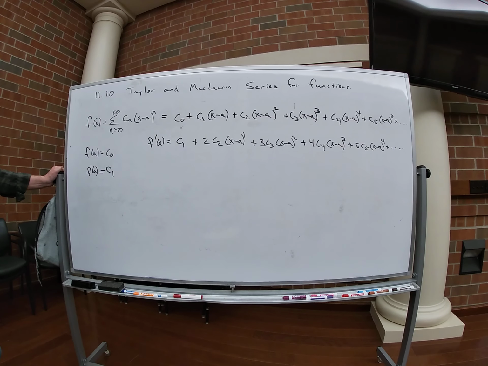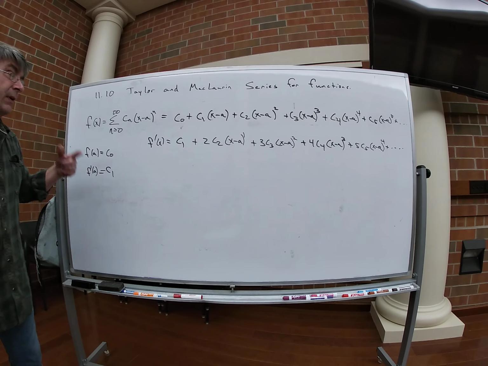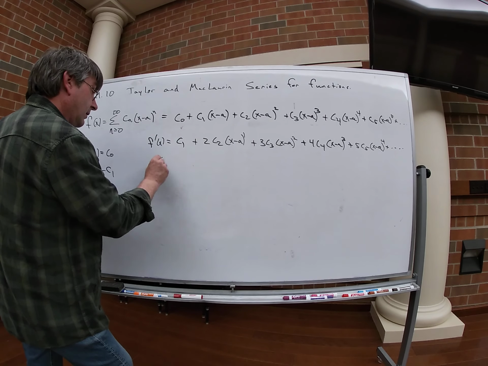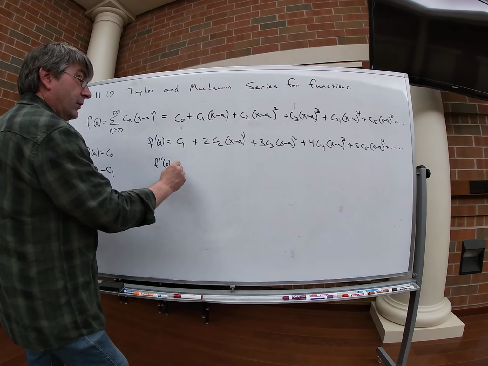At which point you might think you see a pattern. Well, C2 would be the second derivative of f at a, C3 would be the third derivative. Doesn't quite work like that. Let's do another derivative. Kills that.